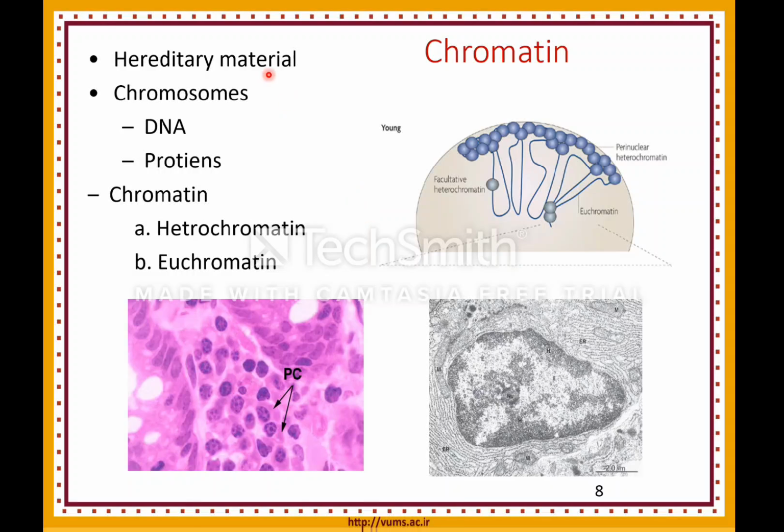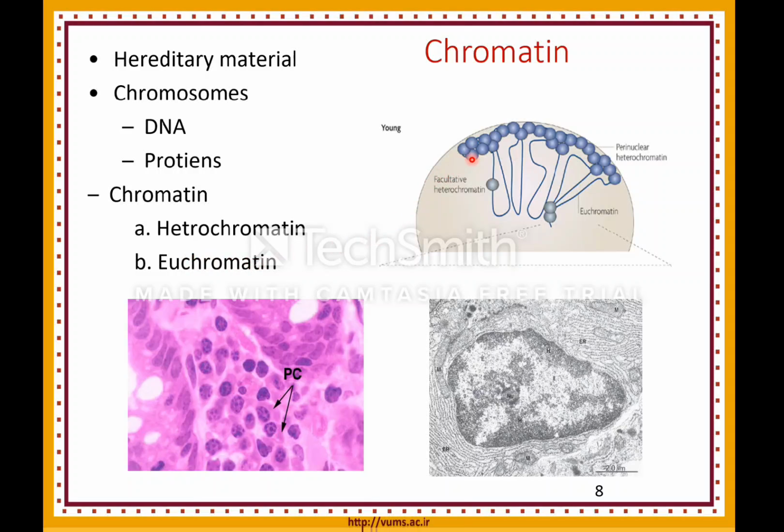Chromatin is the hereditary material and includes the chromosomes, which include the DNA and some proteins. Chromatin is divided, based on its activation, into heterochromatin and euchromatin.